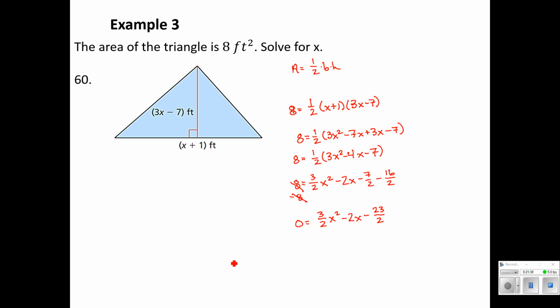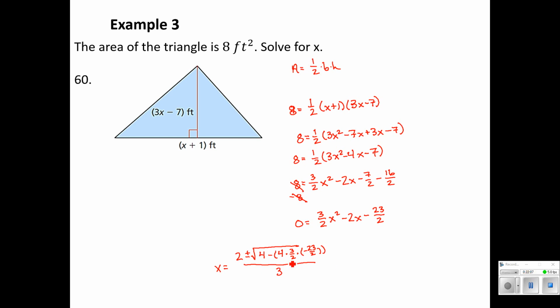All right, and our solution now, x is going to equal the opposite of b, positive 2, plus or minus the square root of b squared, that's 4, minus 4 times a, which is 3/2, times c, which is negative 23/2, all over 2a. 2 times 3/2 is just 3.